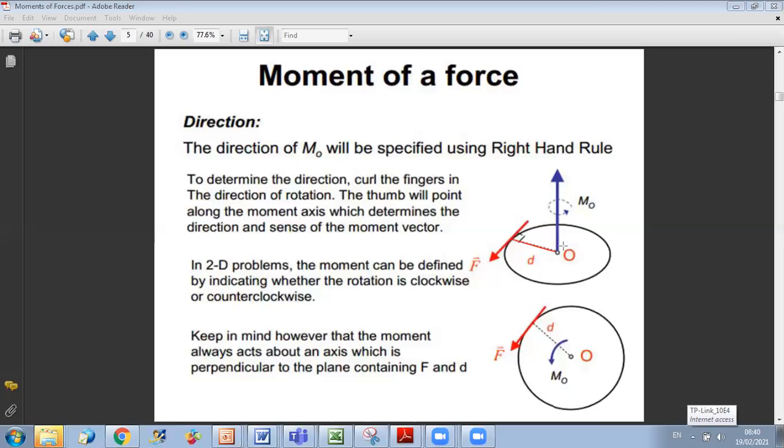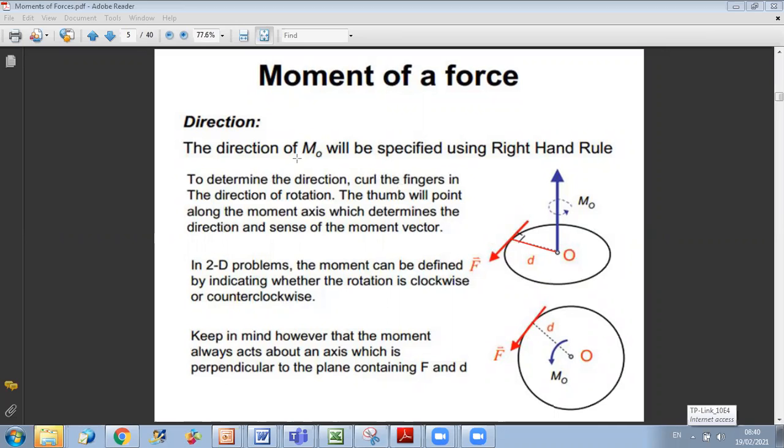Now concerning the direction of my moment vector, my moment vector is always perpendicular to the plane of rotation. As you can see here, F tends to cause circular rotation motion about O. So the moment vector by definition is perpendicular to the plane of motion, and to know if it's directed up or down, we use what is called the right-hand rule.